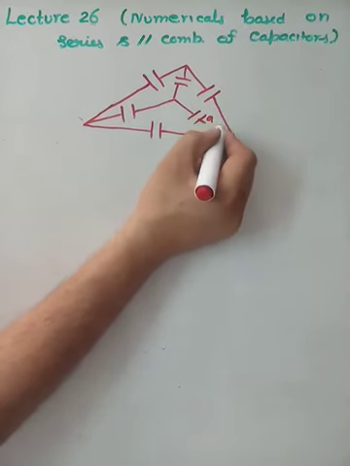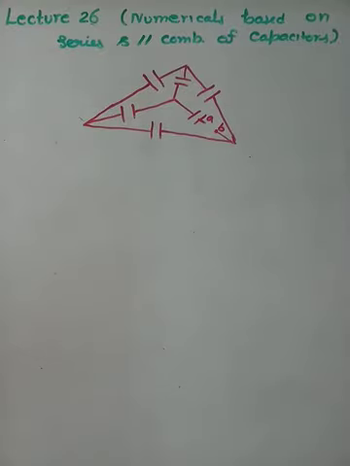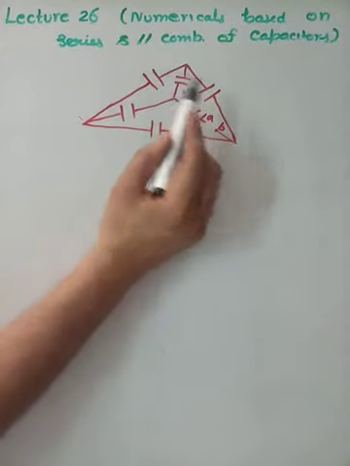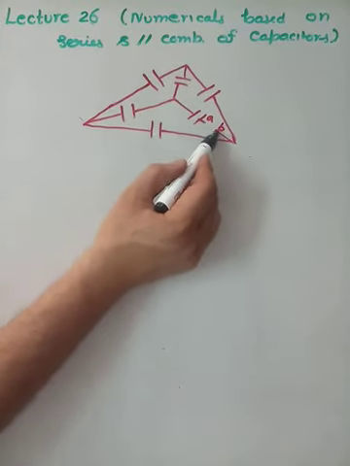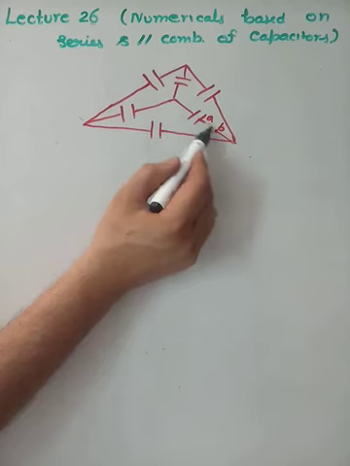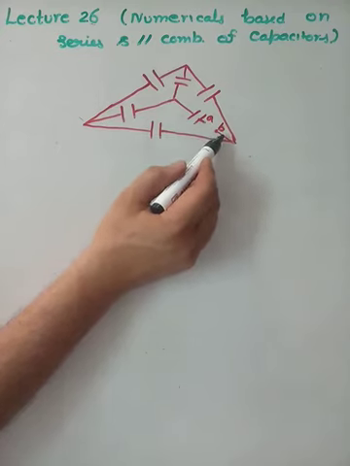This point is A, suppose, and this point is B. All the capacitors have the same value. Now in this case, this cannot form a bridge, because these 2 points are not connected. In the earlier question we saw that if these 2 points are connected, we can consider it as a bridge.